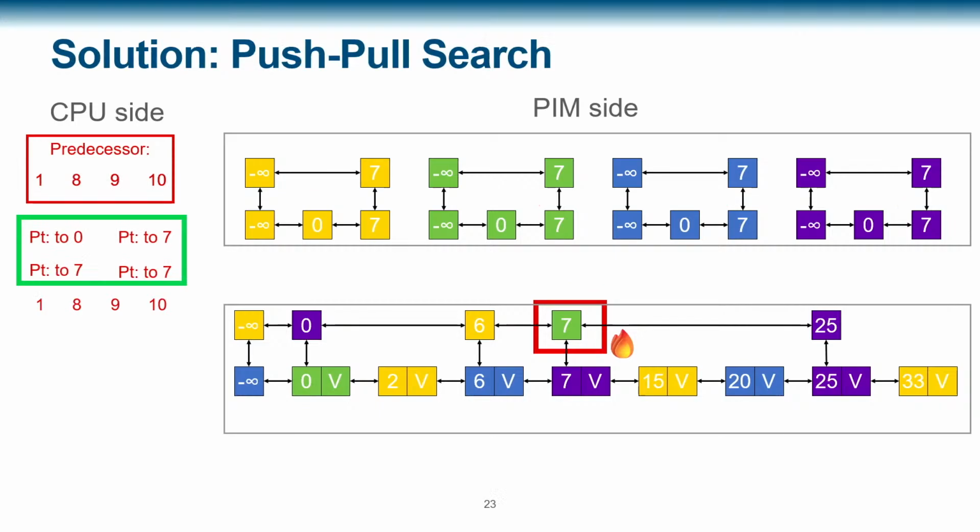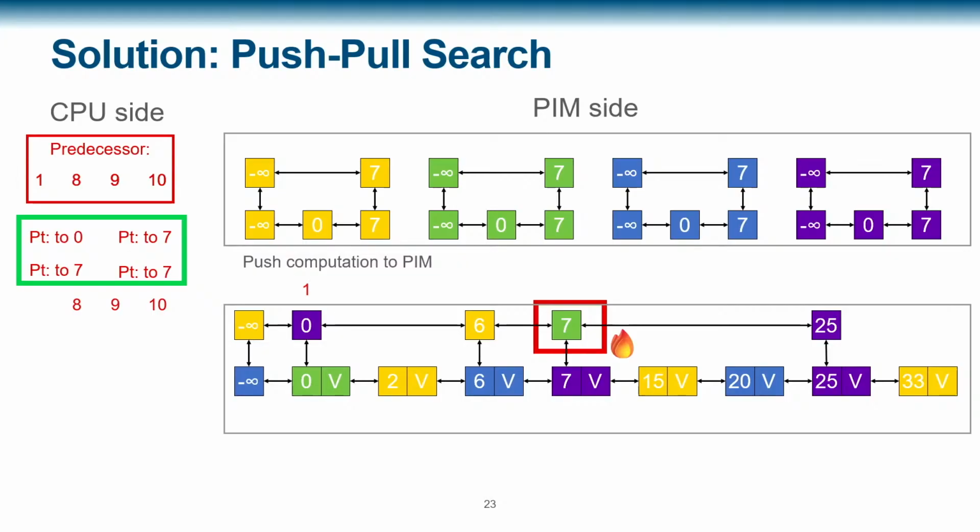So what do I do instead? All right, so this case was fine. There's a threshold I'm going to have. If the number of queries that want to go to a particular node is below the threshold, I'm going to go ahead and do it the PIM style.